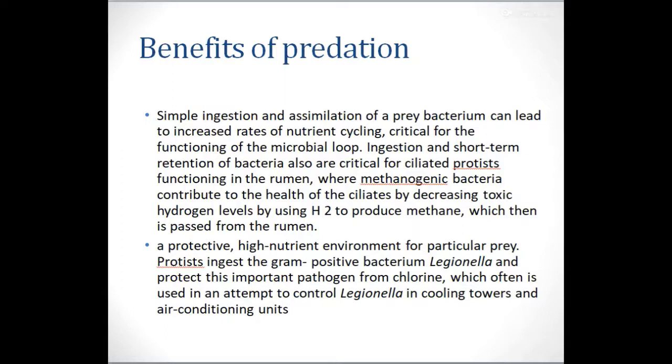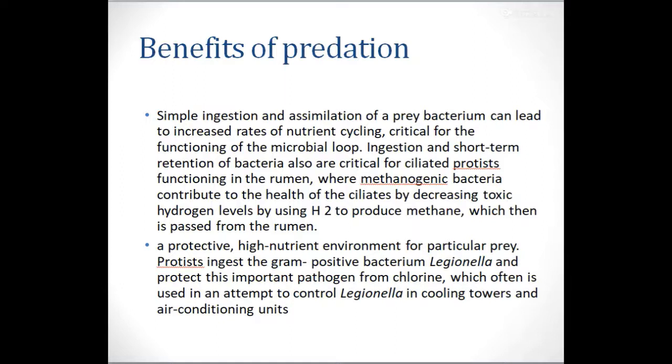Now, for example, the protist ingests the gram-positive bacteria Legionella and protects this important pathogen from chlorine, which is often used in an attempt to control Legionella in cooling towers as well as air conditioning units. In some cases, in order to maintain a protective environment, some bacteria might be predated inside.